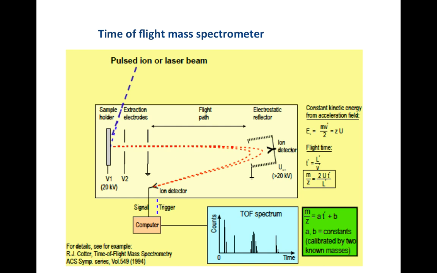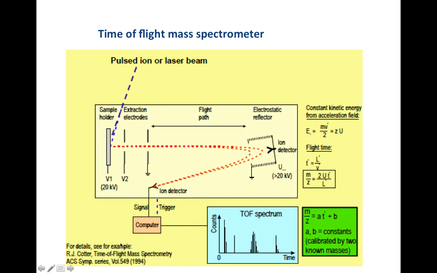In the time of flight mass spectrometer, you see that we have a pulsed ion or laser beam, and then the sample is held here, and we have some electrodes for extraction, so there is a potential here. Then this is the flying path, and here there is an electrostatic reflector, and then the ion detector. The beam is deflected, and then the ions go here, the signal, and then goes to the spectrum.